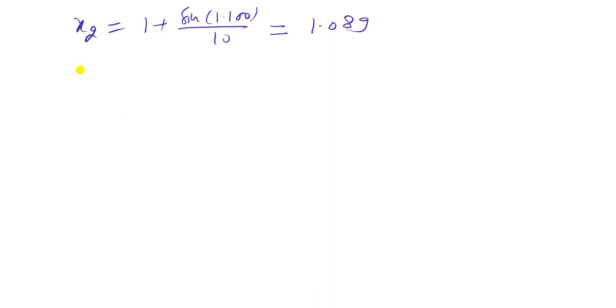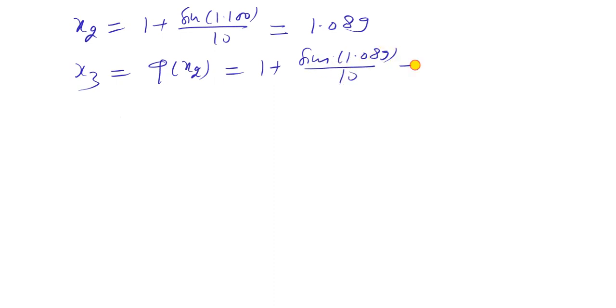Now put n equals 3 in equation 2, then we obtain the third approximation. The third approximation is phi of x2, which means 1 plus sin 1.089 divided by 10, and simplifying this, we obtain 1.089, exactly the second approximation.